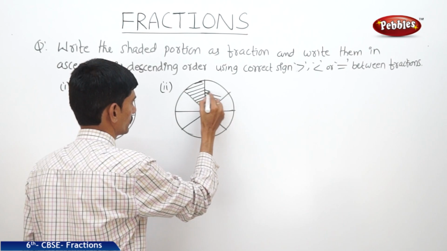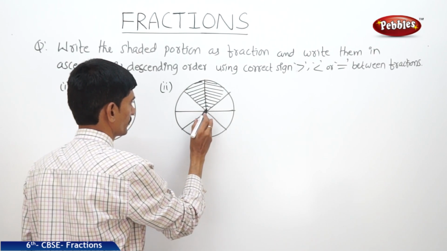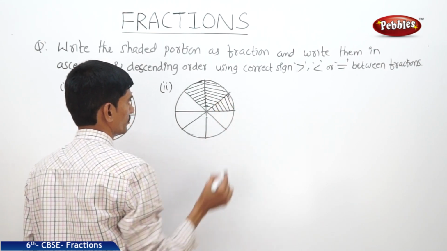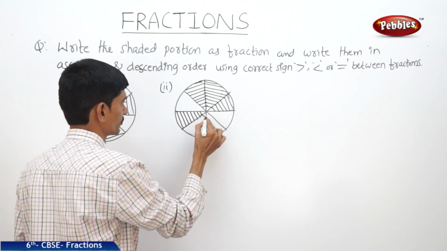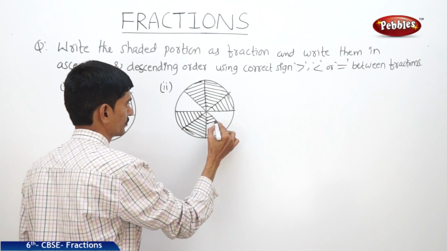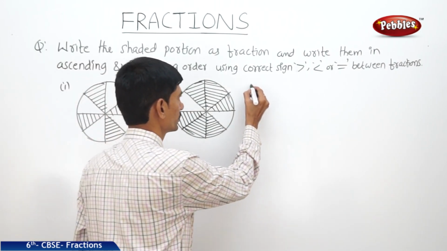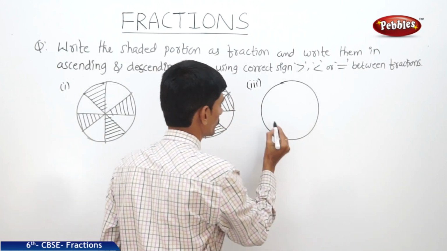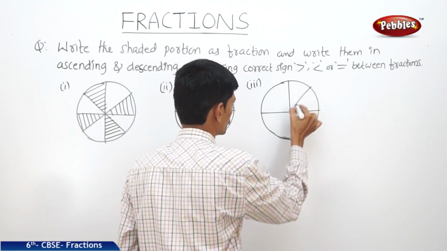1, 2, 3, 4, 5, 6 parts shaded. Now in the third case, again the circle is taken, and again it is divided into 8 equal parts.